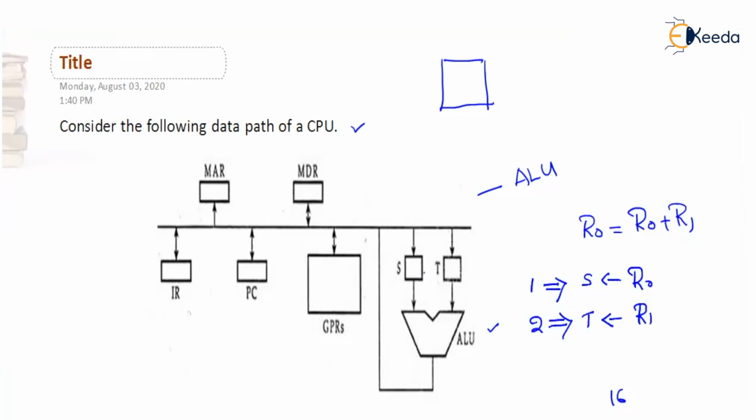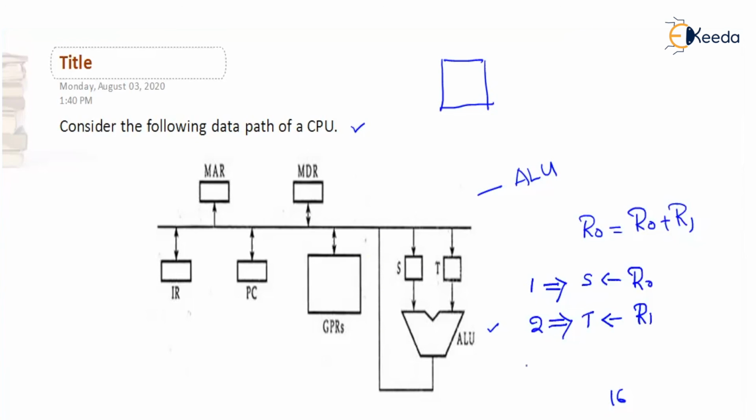The moment S and T are loaded with the data elements, within half a clock cycle the ALU is going to perform the operation, and the rest of the half a clock cycle is required to transfer the contents back to the destination register.